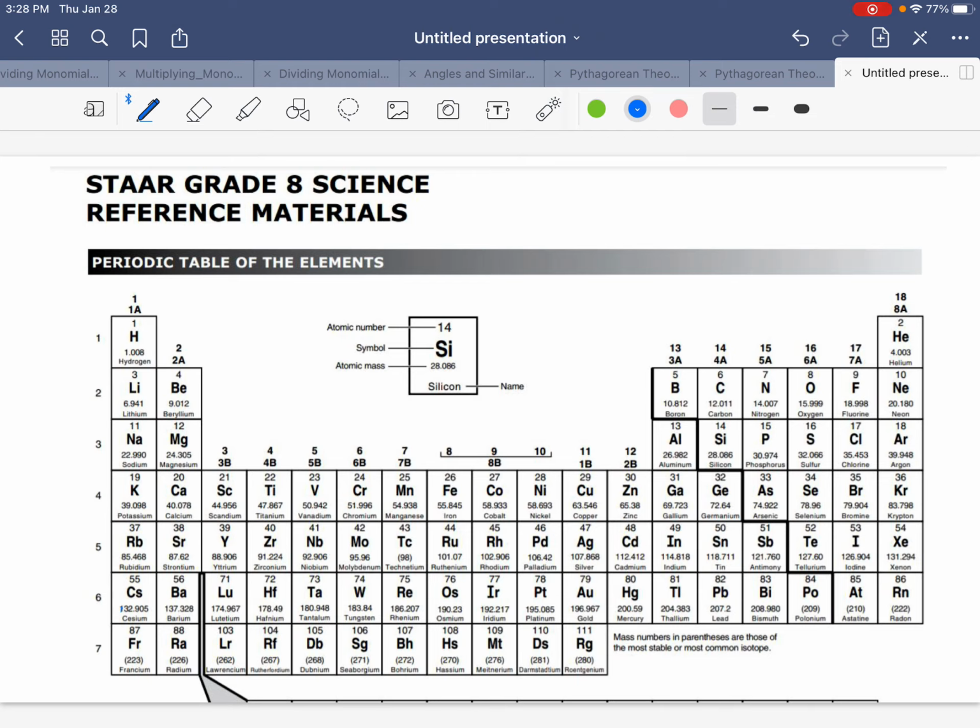So what I'm going to do is write here at the top some of the important things. So groups, stuff you want to remember: have similar chemical properties.